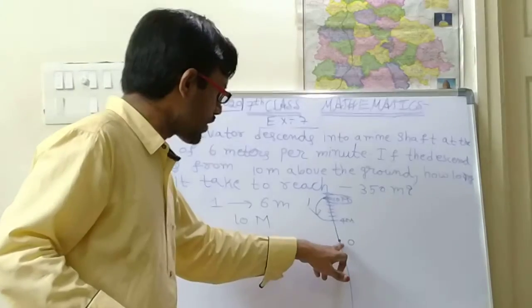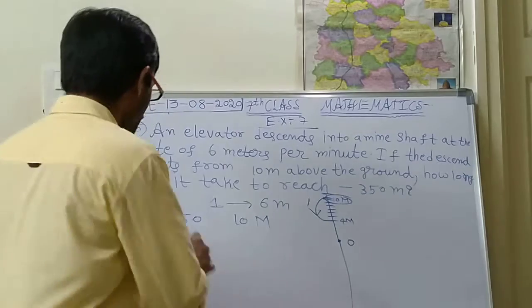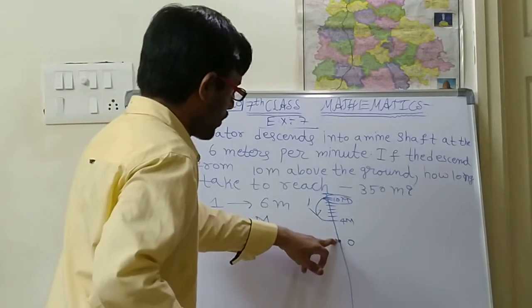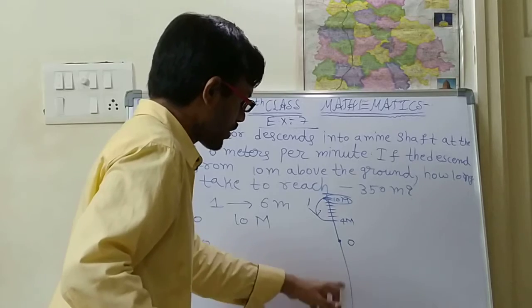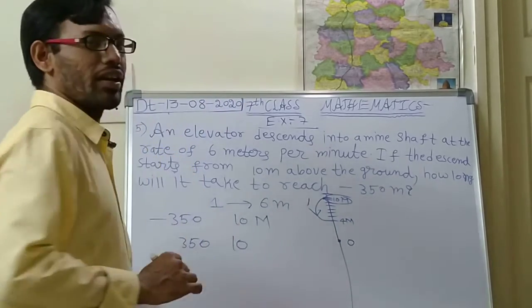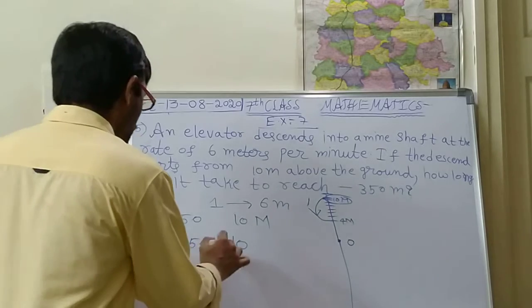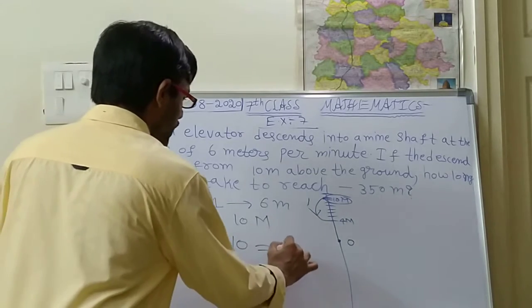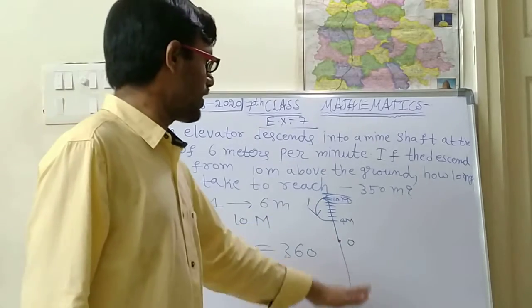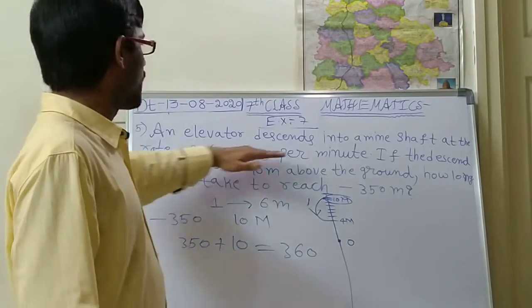After 0, 350 numbers will be there, and above 0, 10 meters will be there. So 350 plus 10 is 360 meters. Okay, so totally 360 meters are there.